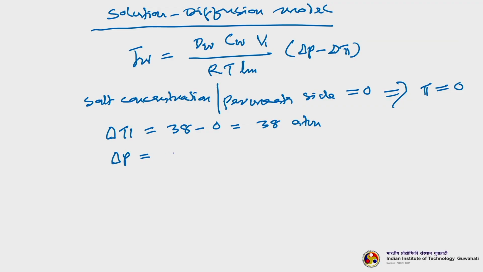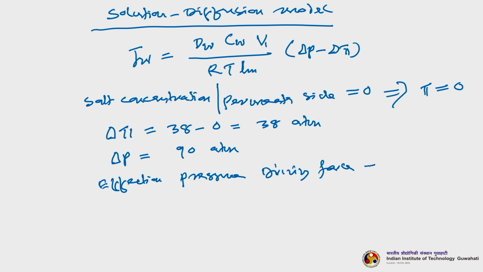So, the overall osmotic pressure difference is 38 atmosphere. Delta P is the transmembrane pressure, given as 90 atmosphere. So, the effective pressure difference, or we can say driving force, is nothing but delta P minus delta pi. So, it is 90 minus 38 equals 52 atmosphere. So, 52 is the effective pressure driving force.